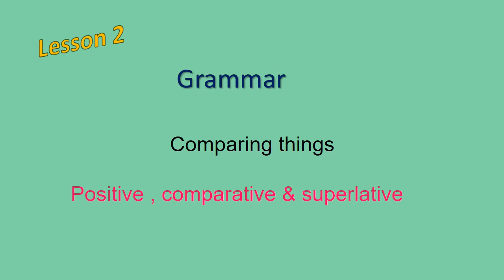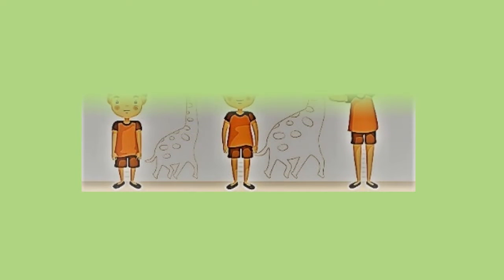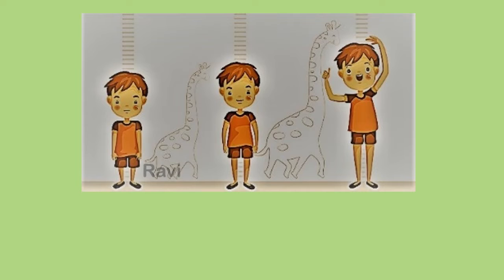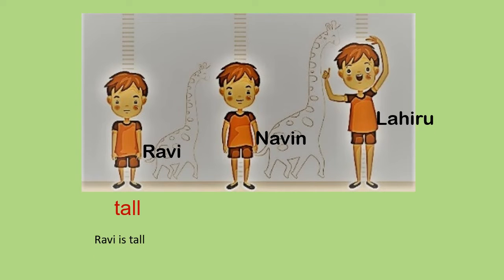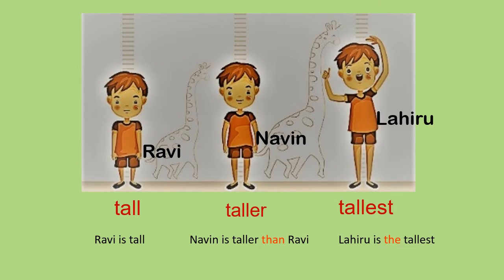Dear students, let's move to our second lesson for the week. In this grammar lesson, we are going to compare things. It will also help you to improve your vocabulary. Here are three boys, Ravi, Naveen and Lahiru.